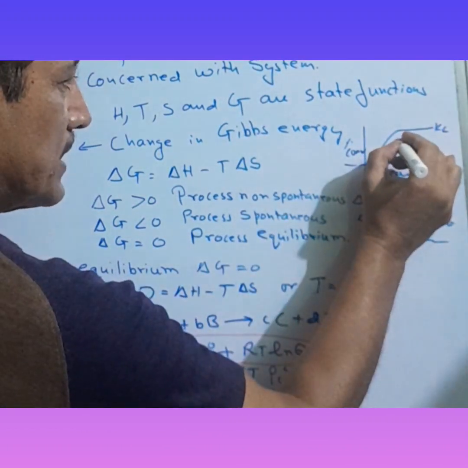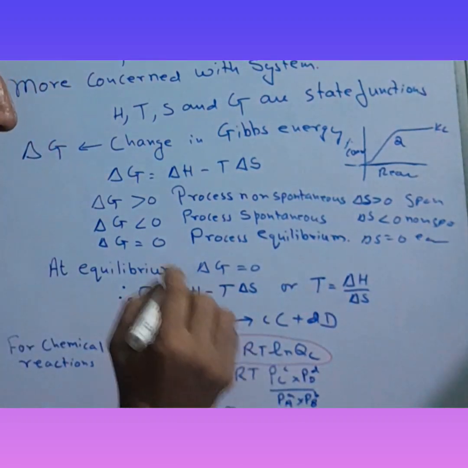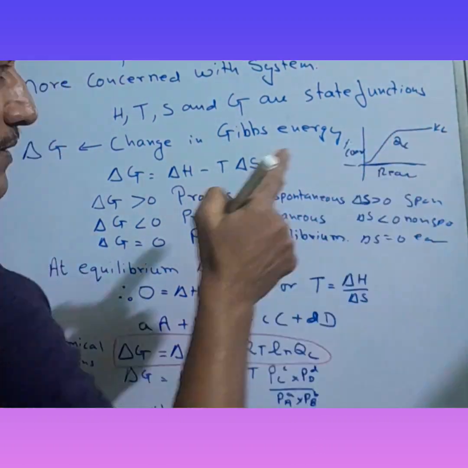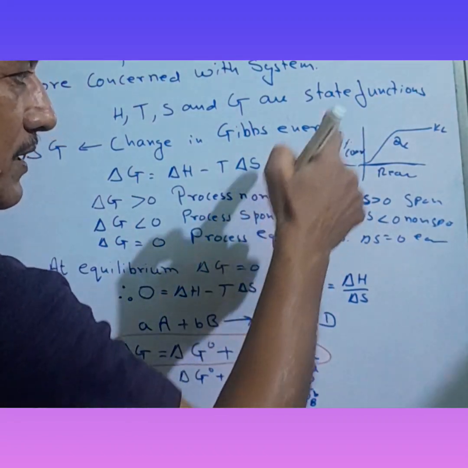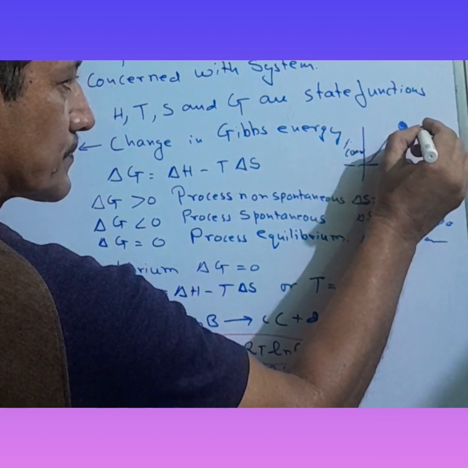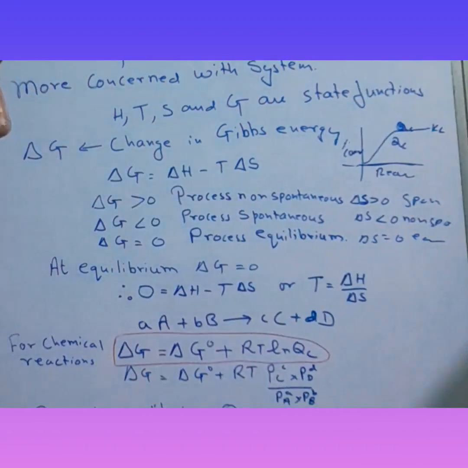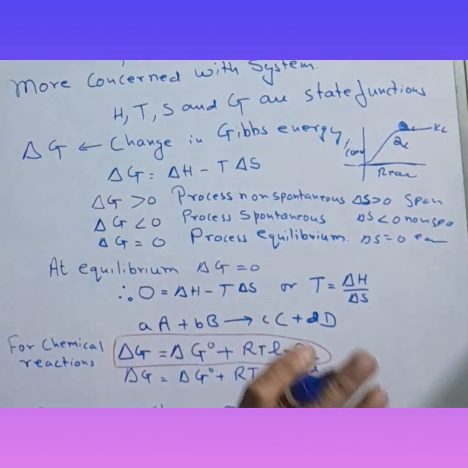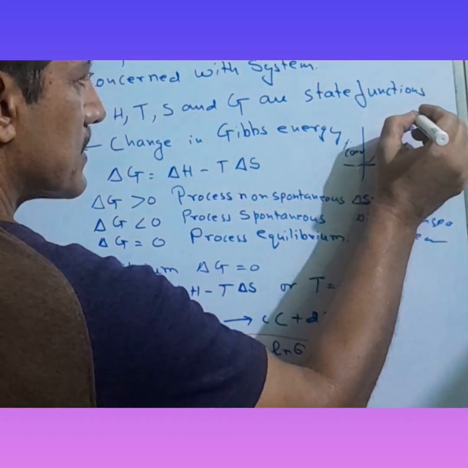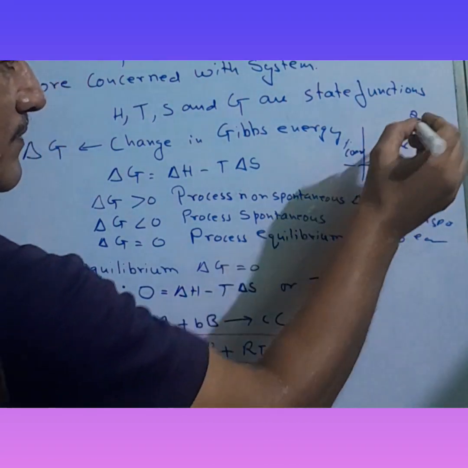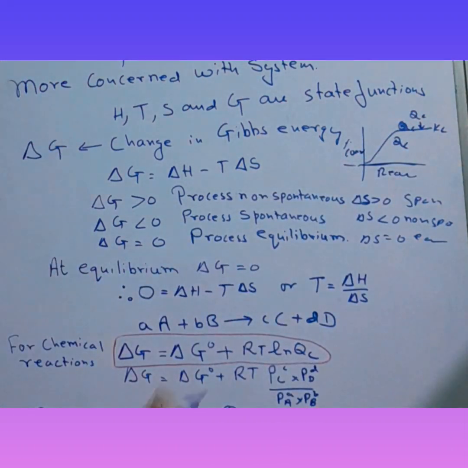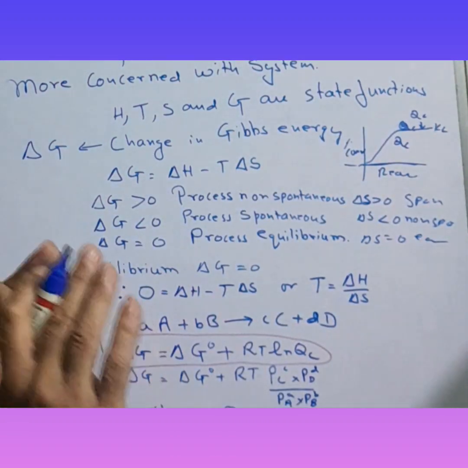If the reaction quotient Qc is less than Kc, the reaction has yet to move forward to get into equilibrium. If Qc is equal to Kc, the reaction has already reached equilibrium. And if Qc is greater than Kc, then the reaction has moved too far forward and would come backward to get into equilibrium. That was the reaction quotient.